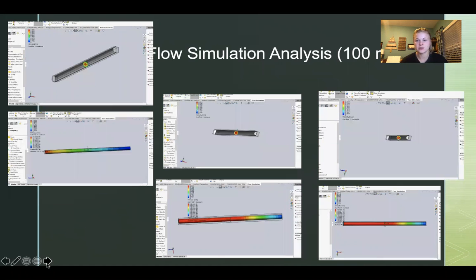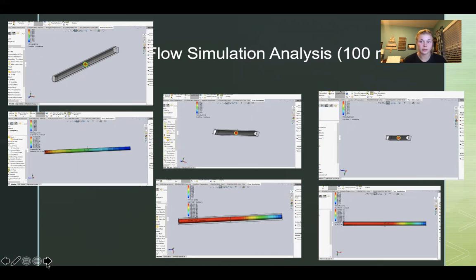And so this is the flow simulation for the 100 millimeter blood vessel, and as you can see, again, the velocity is a little different for the first one. I think that might be human error, because it should not be changing, as well as the pressure for the PTFE is a lot more elongated. The pressure's expanded through.